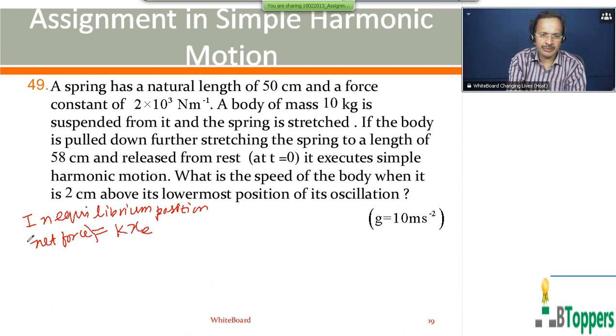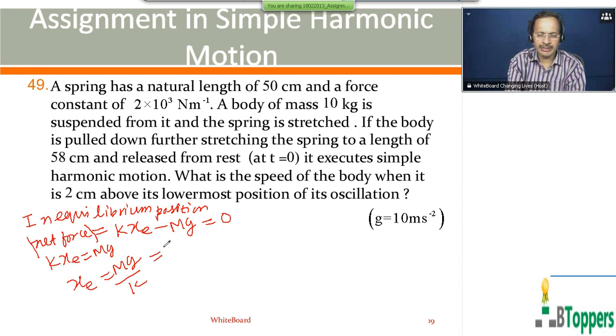So the magnitude of the net force on the mass in the equilibrium position is equal to k x E minus mg, and that is 0. So k into x E equal to mg. So the elongation of the spring in the equilibrium position is mg by k.